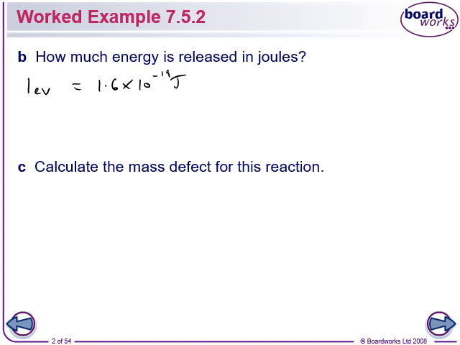So we had 20 mega electron volts. What does mega mean? Capital M, what does it mean? Times 10 to the 6. Mega is times 10 to the 6, so it's 20 million electron volts. So to find the number of joules, we just take 20 times 10 to the 6 and multiply it by the conversion factor.